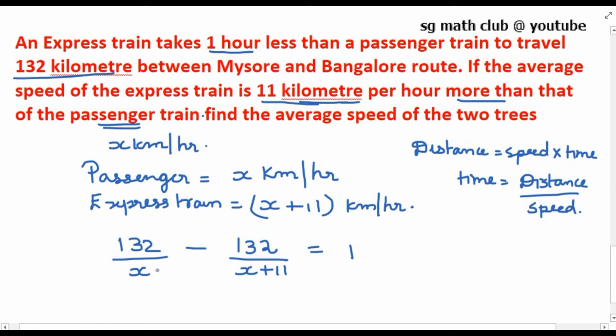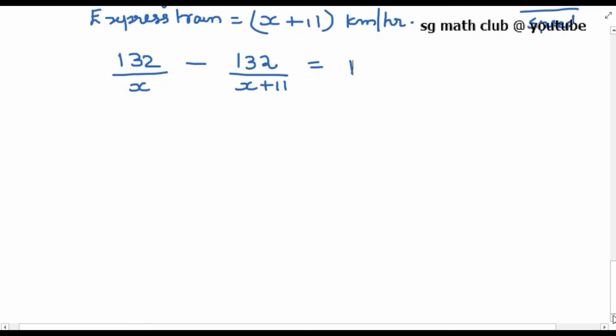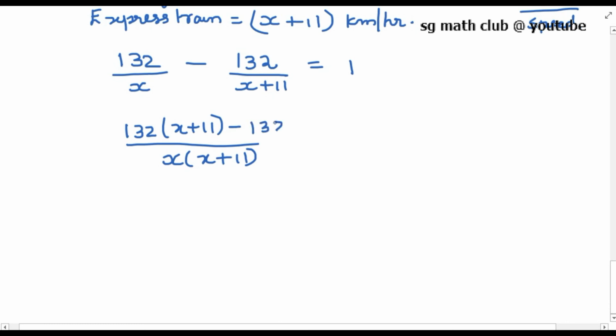Now this is the quadratic equation. We need to frame it in the form of a quadratic equation, then solve it using the quadratic formula. So here the LCM is x into x plus 11, which gives 132 into x plus 11 minus 132 into x equal to 1.